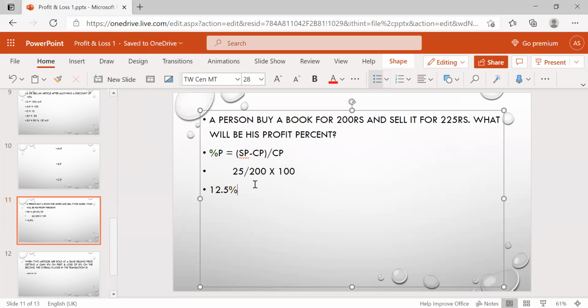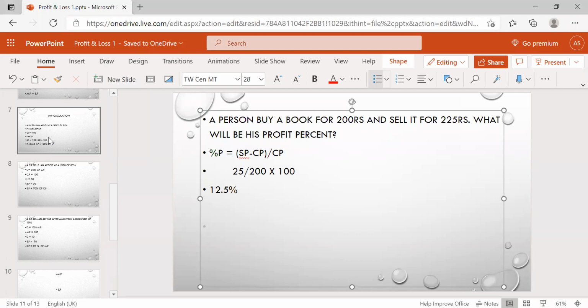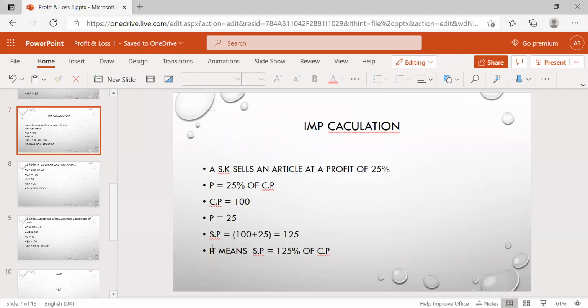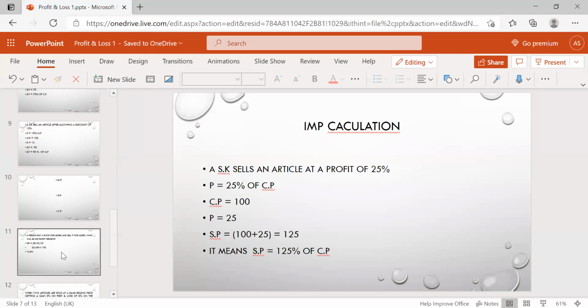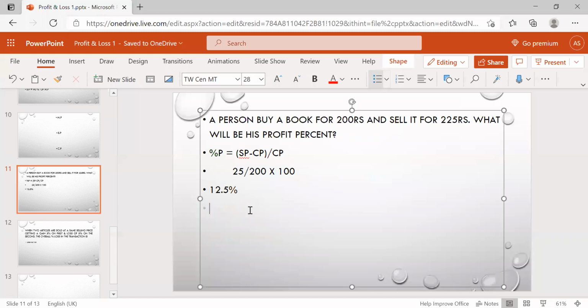Okay, and the same thing, if you calculate by using this important calculator I said previously. So SP is nothing but 125% of CP. And here, see, what are they saying? 100% of CP equal to, they given 200 rupees.